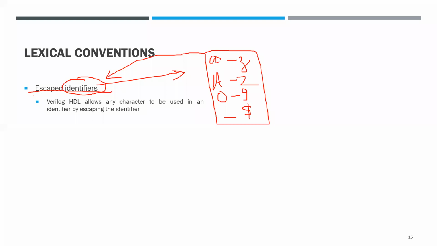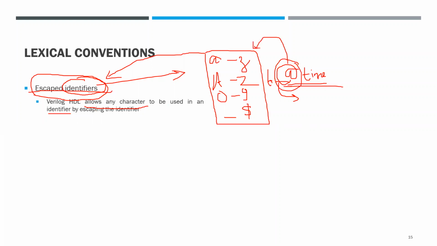But with the help of the escaped identifiers, what I can do is I can allow any characters to be used as an identifier. Suppose I want "at" to be used to define a variable. So I want to define a variable something in this form, or time at something I want to decide, but "at" is not permitted as per the rules.